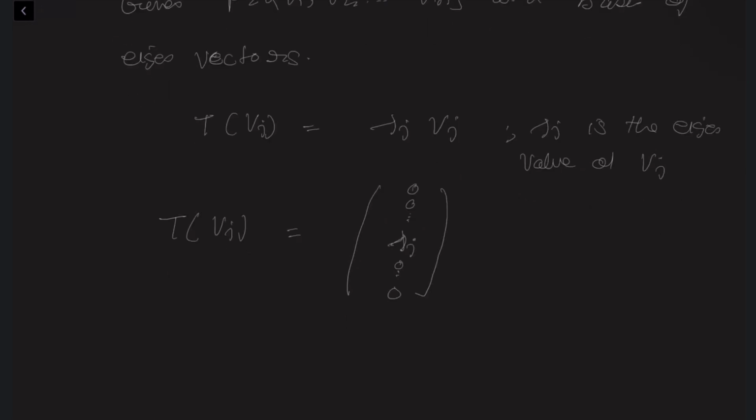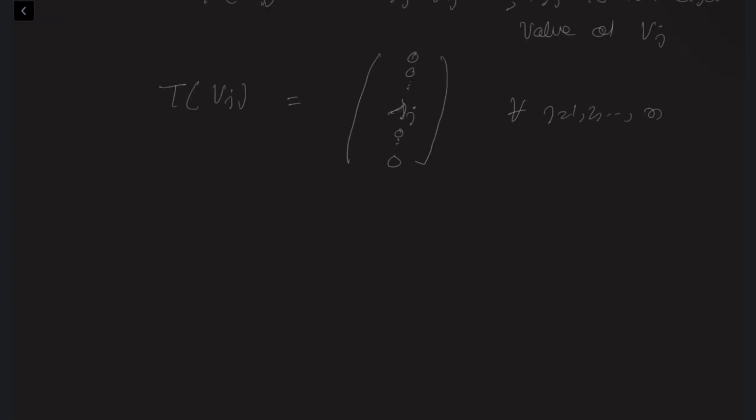This will be true for all j. So what is T of v1? The first row will have lambda 1 and the rest all 0. T of v2, speaking column wise, has first element 0, second element lambda 2, and then all zeros.